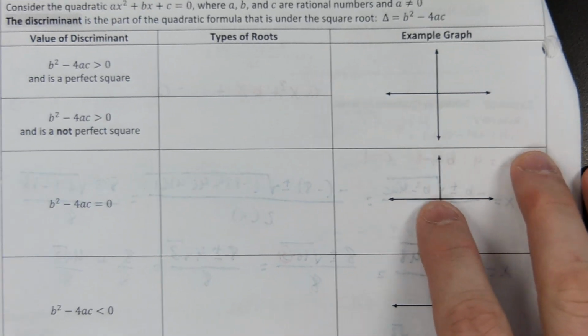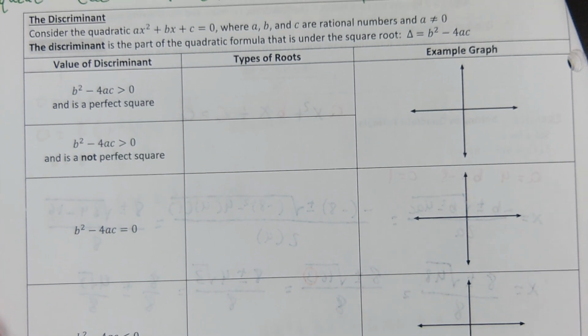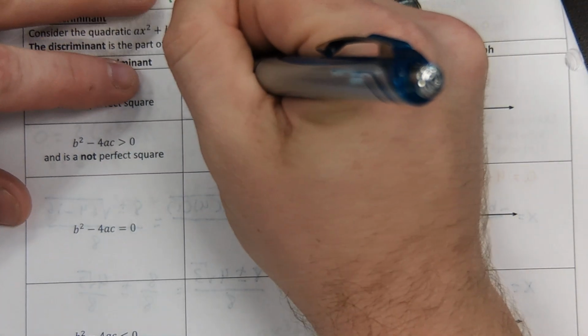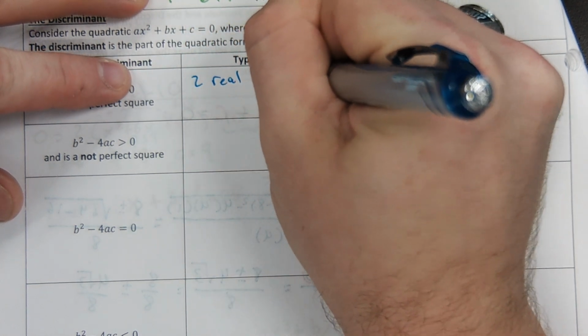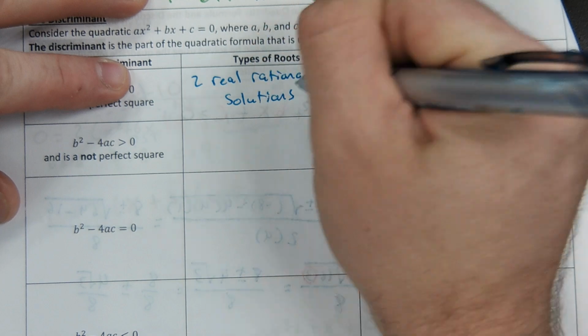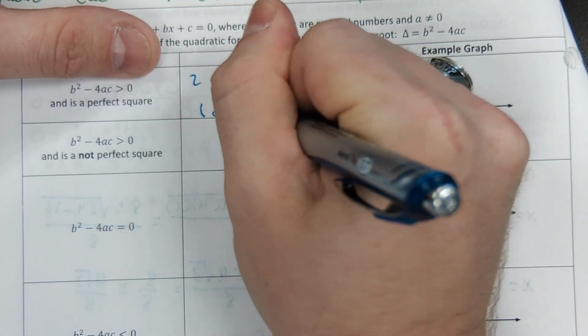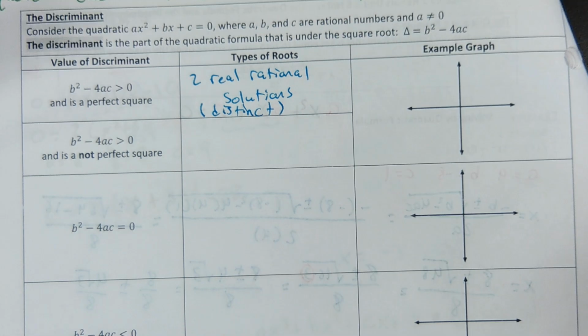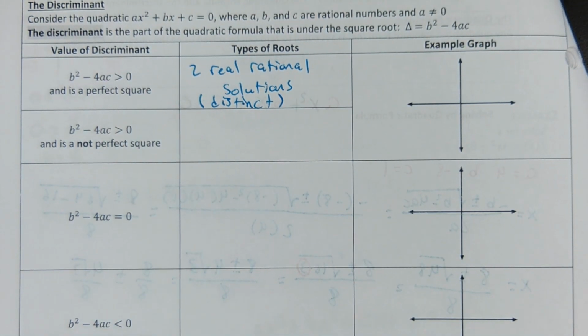So if b squared minus 4ac is positive and a perfect square, you do get 2 real solutions. But they're rational. And they're different, which is the word distinct in mathematics. 2 different, real, rational solutions. That was a lot of adjectives. Felt like I was ordering a drink at Starbucks.